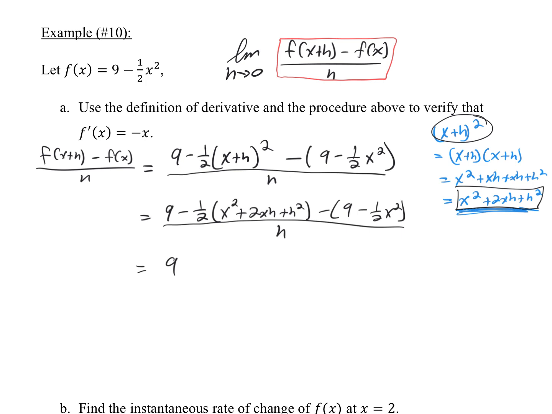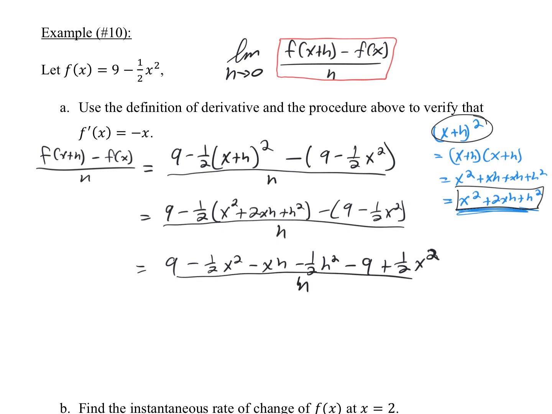So we get 9 minus 1/2 x squared. Continue distributing the negative 1/2. We get negative xh minus 1/2 h squared. Then when we distribute in the next set of parentheses, we're distributing a minus sign, so we get minus 9 plus 1/2 x squared. Okay, still everything is over h.